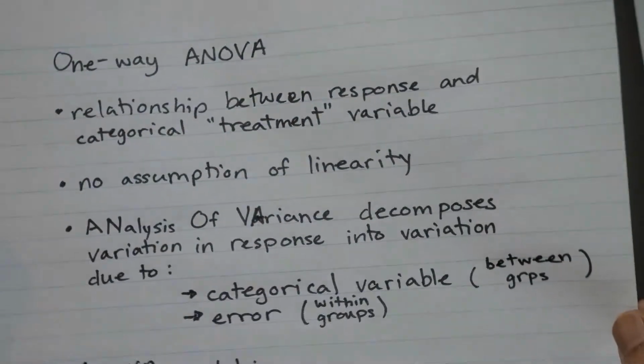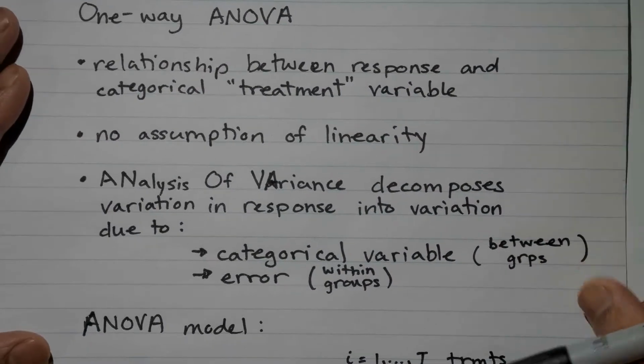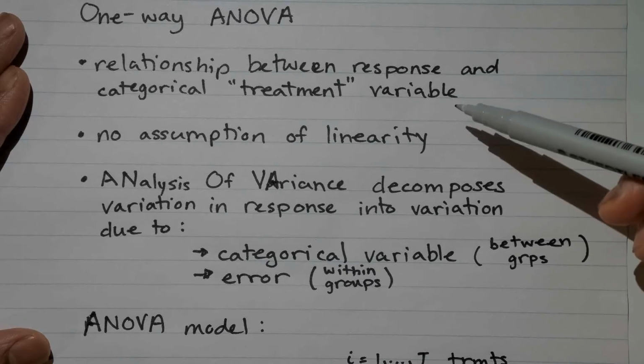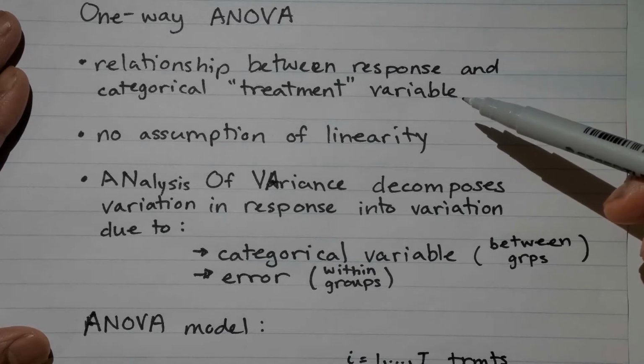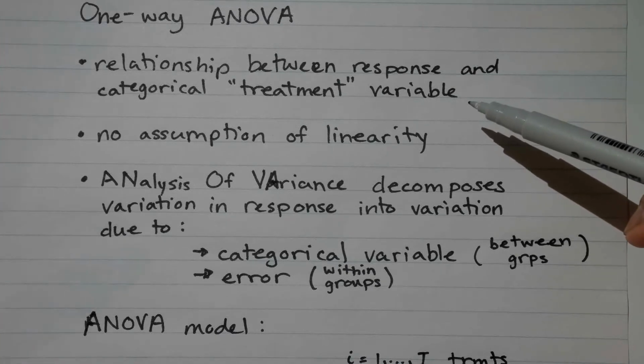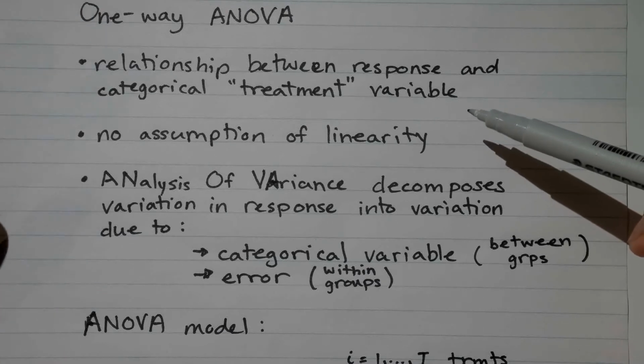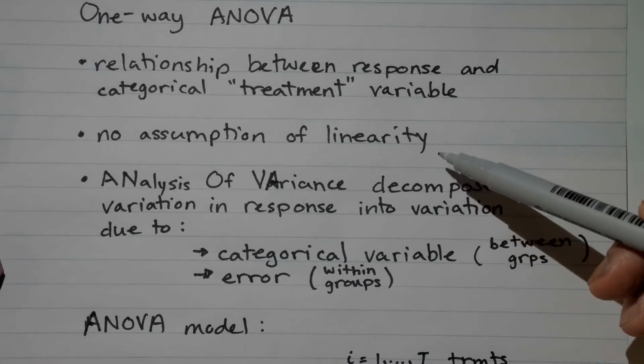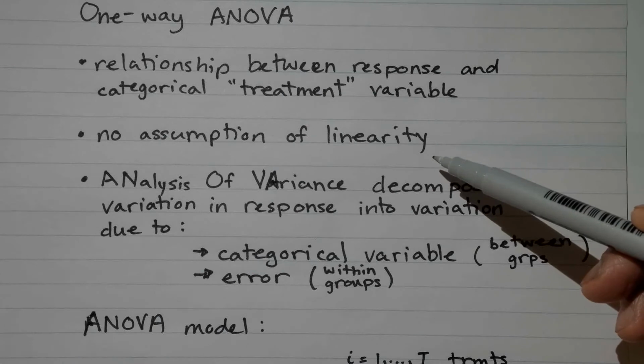But then we moved on and said, well, what if we didn't have a binary or a continuous explanatory variable? What if we wanted to look at the relationship between our response and a categorical treatment variable? In one-way ANOVA, we can model this relationship without making an assumption of linearity.